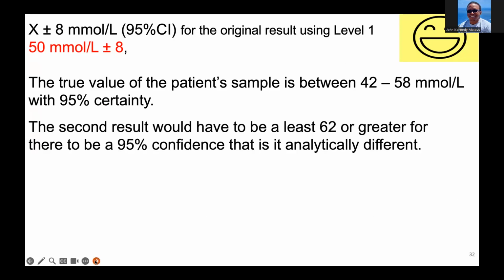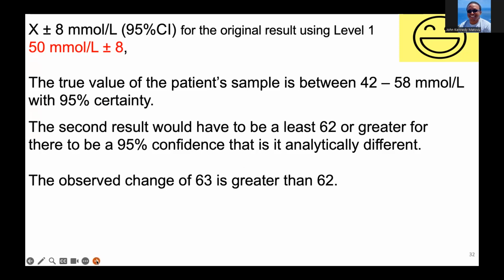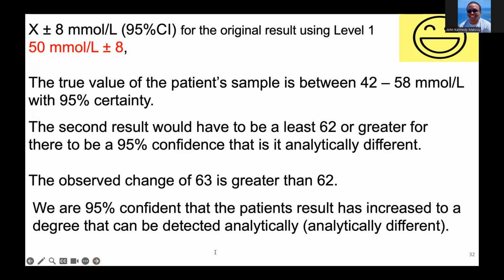So in terms of our second result, that means the second result will have to be at least 62 or greater for there to be a 95% confidence that it is analytically different. The observed change of 63 is greater than 62, so we are good. We are 95% confident that the patient's result has increased to a degree that is detected analytically.